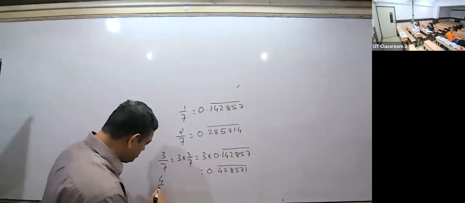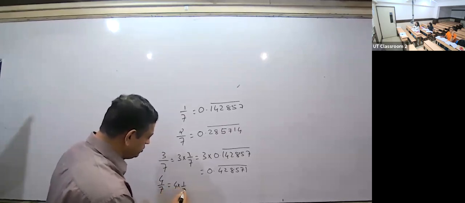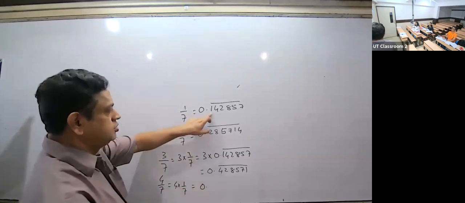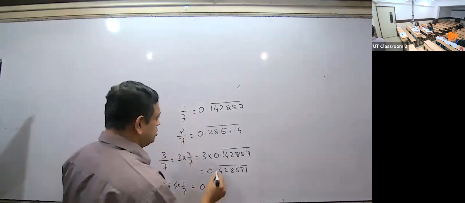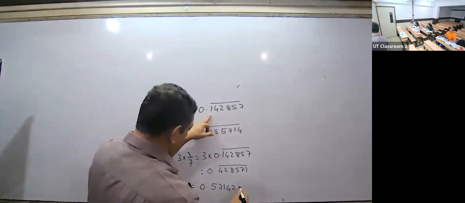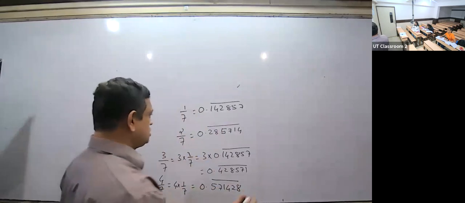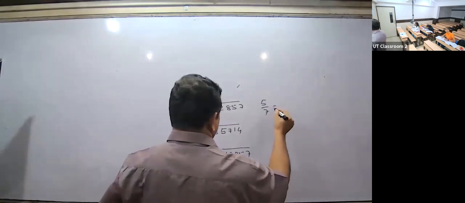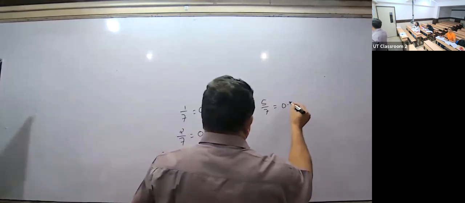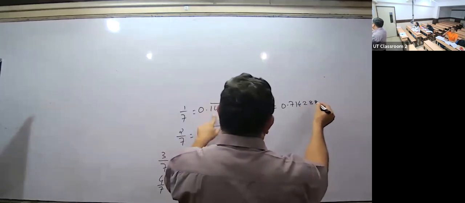Now 4 by 7, do you know how to get it? 4 into 1 by 7, you can write directly. 4 into 14, 5, 5 now. So 5, 7, 1, 4, 2, 8. If you want to check, you can check. 6 by 7 and 5 by 7 as well: 7, 1, 4, 2, 8, 5.